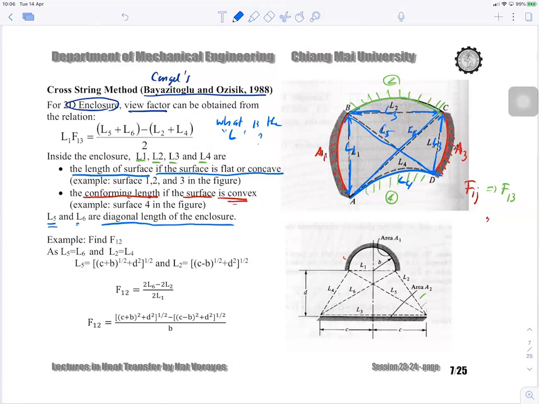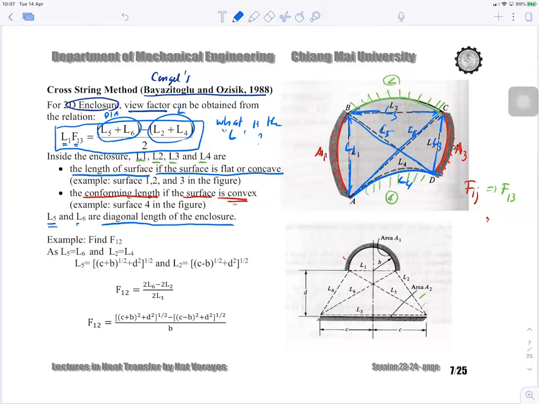Okay, so what is the cross-string method? The cross-string method is this equation. If you want to find F13, you multiply F13 by L1, which is equal to the summation of the diagonal lines. Okay, and this is the length of the surface L2 and L4.